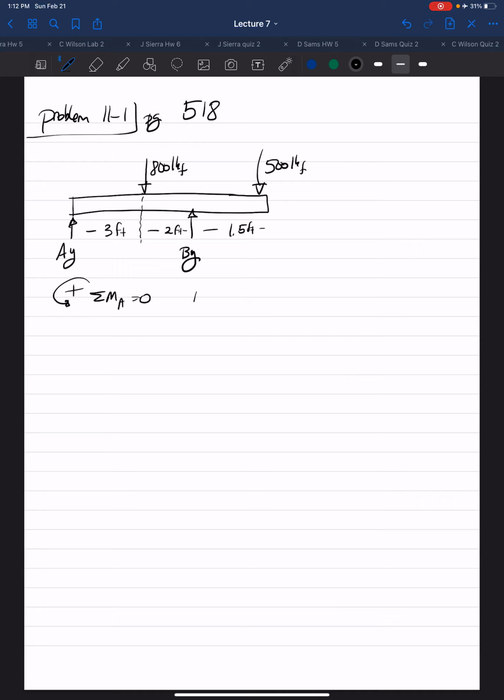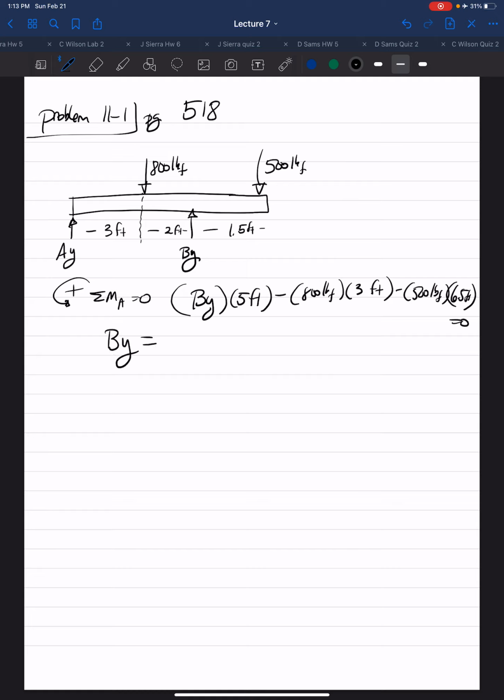So you'll have your BY times your 5 feet minus your 800-pound force times your 3 feet minus your 500-pound force times 6.5 feet equals 0. BY comes out to be 1,130-pound force.